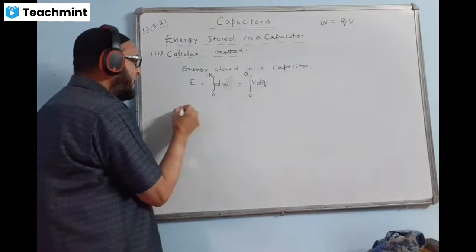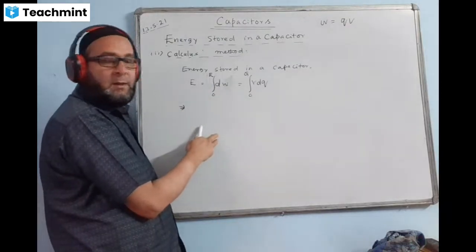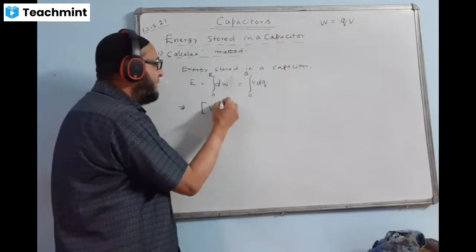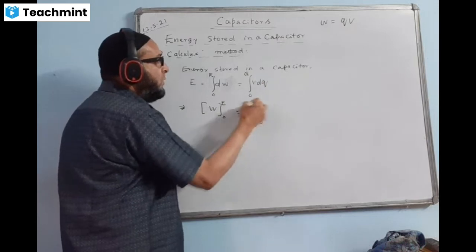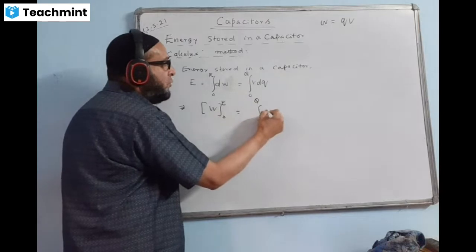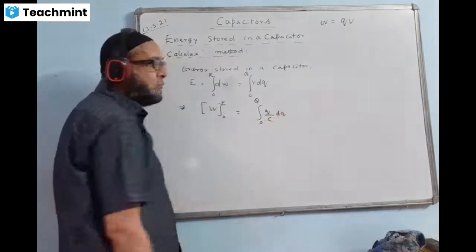Now next line, integration of dW, like integration of dx is x. Same, integration of dW will be W with the limit 0 and E. 0 and Q, we are storing the charges from 0 to capital Q. So for V we write Q by C, and here I write dQ.